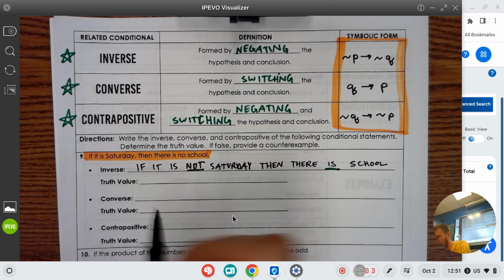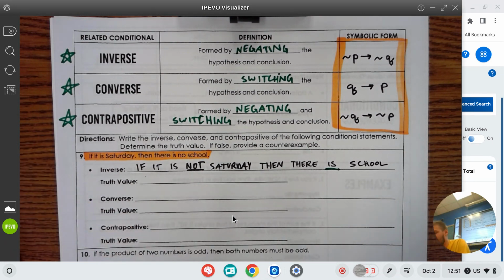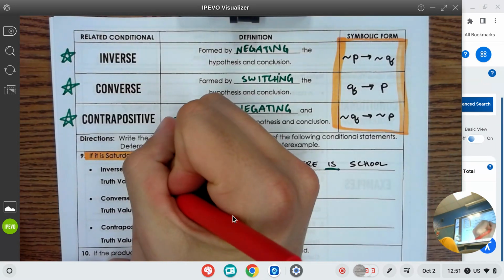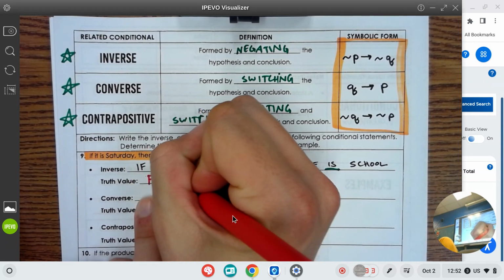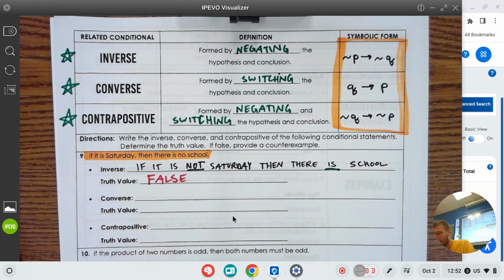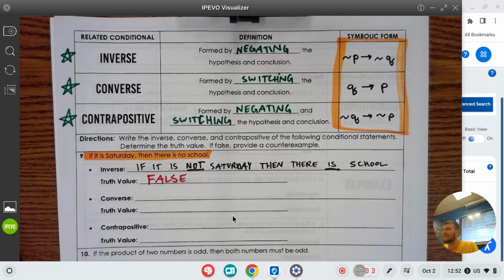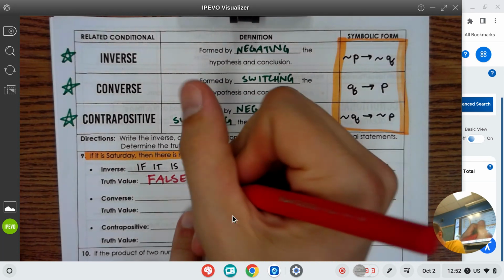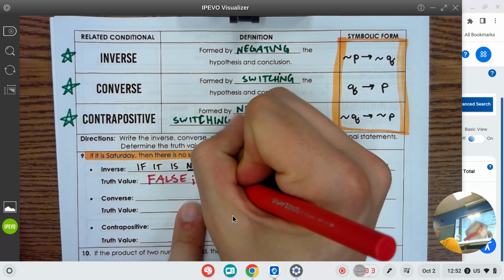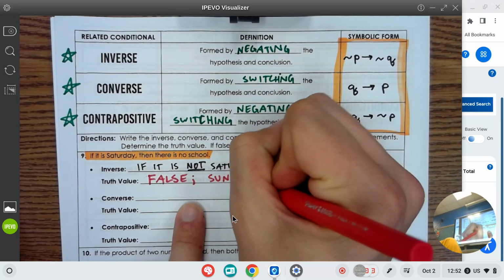Love it, so he's correct. The correct answer here is that this is false. If it is not Saturday, then there is school. That's true for Monday, Tuesday, Wednesday, Thursday, Friday, but what about Sunday? So, false because of Sunday.